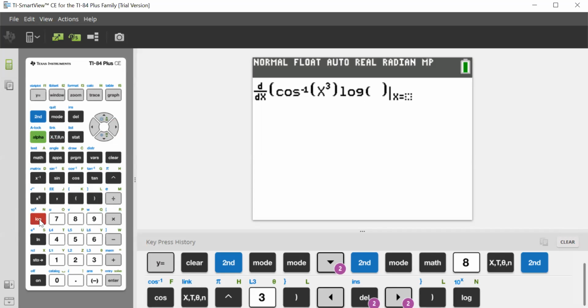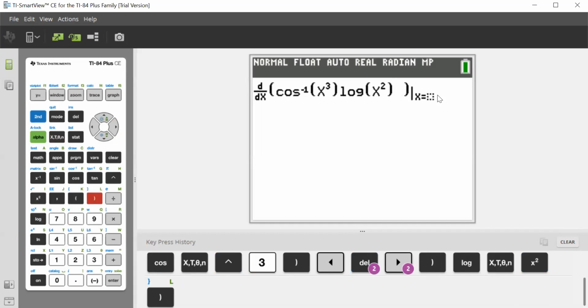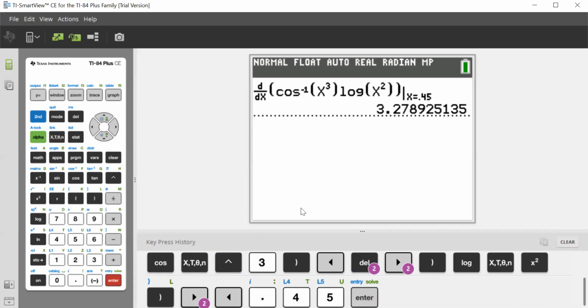If you just hit log on your calculator, that's log base 10 of x squared. And then you're just going to put in the value that I asked you to evaluate at, which I think was 0.45. Or was it 0.35? 0.45. Yep. And so then it will evaluate the derivative of that at x equals 0.45. Is that what you all got? 3.278925135?